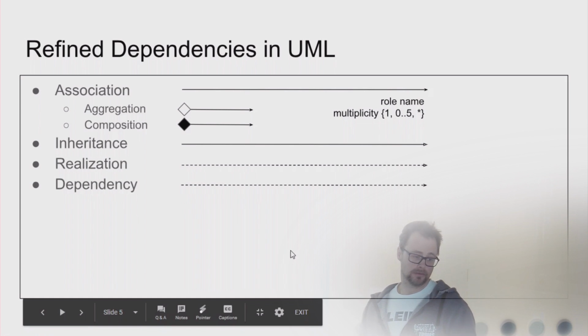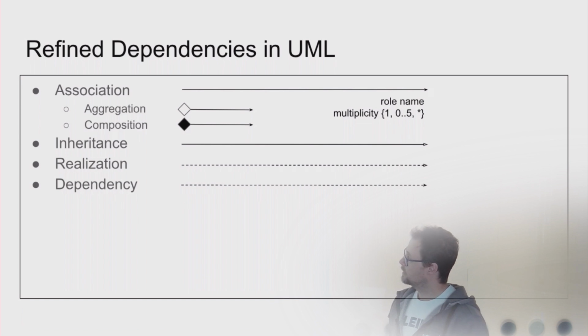So with dependency, you can always fall back to dependency, and as you maybe saw in the use case diagram, we can put a little text at the dependency to show more what it's about. We had includes, for example, in the use case diagram. We can have extends in the use case diagram also.